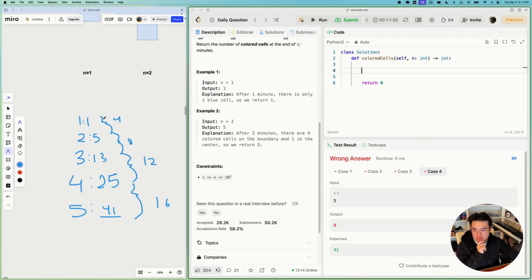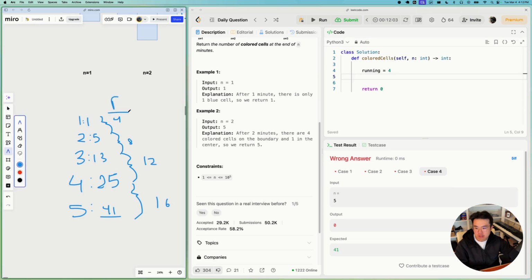Okay. So I guess we're going to start with, maybe, I don't know what to call it because I don't even know what I'm doing. Like a running offset? Maybe I'll just call it running and we start with 4. So this is going to be running right over here.